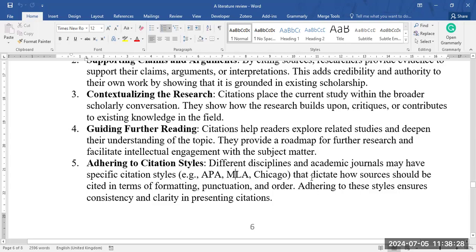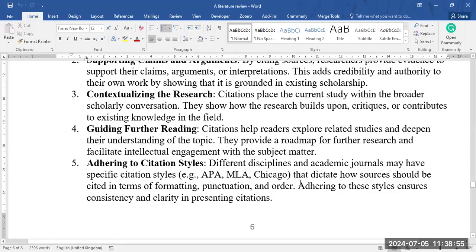So citation means, for example, Robert published one book in marketing communication in 1921, as an example, right? That is not enough, but there is a format available, right? How we can put Robert and his initial, the year of publication, and the title of the work, and it may be a book.